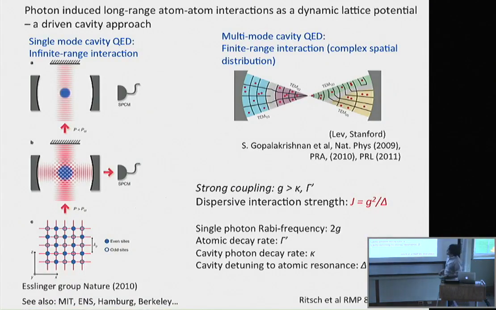We've heard wonderful talks about using photon-mediated long-range interactions with cold atoms. One approach is a driven cavity approach, where you put your BEC into a Fabry-Perot cavity. It could be a single mode or multiple cavity modes. You drive the BEC with an external pump with enough power that the atoms resonantly couple into the cavity mode and induce self-organization.